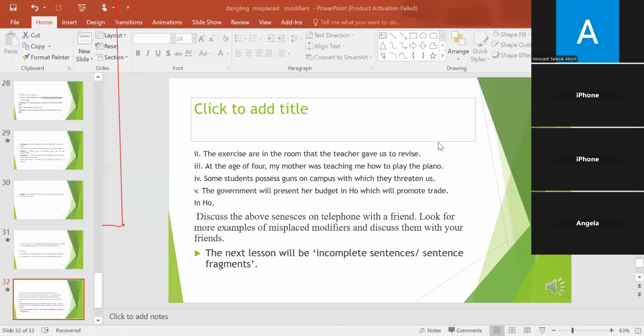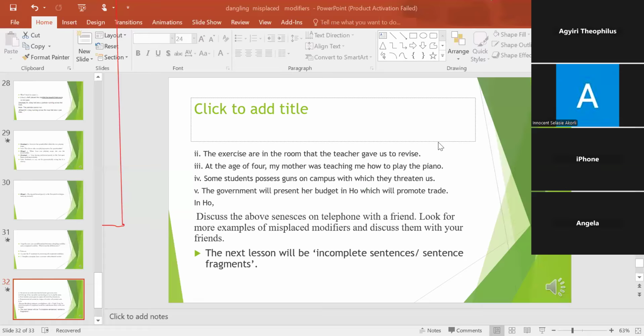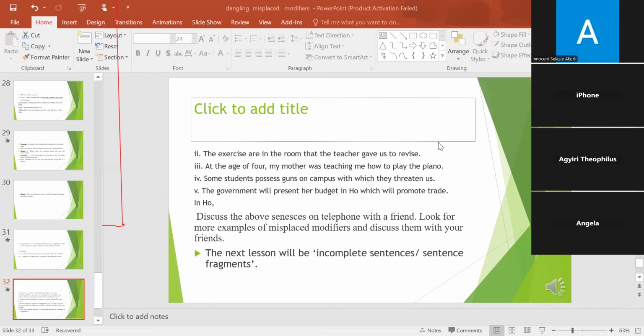Yes, number 3, at the age of 4, my mother was teaching me how to play the piano. I'm asking, what is the ambiguity there? I cannot hear what you are saying, please.